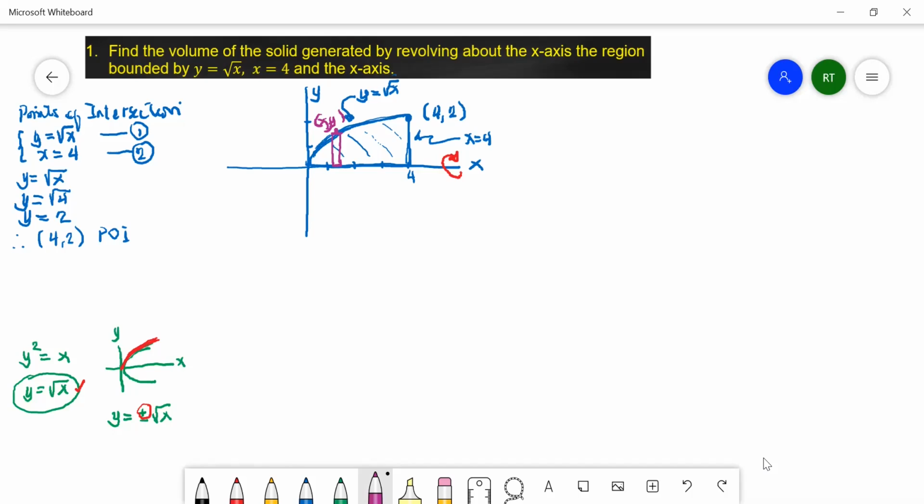(x, y) is the point on the element which touches y is equal to square root of x. Then try revolving this element about the x-axis. If we do that, let's have the projection here, and we can draw the circular disc.